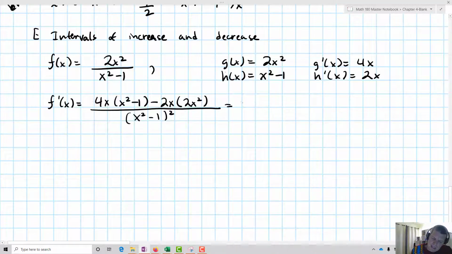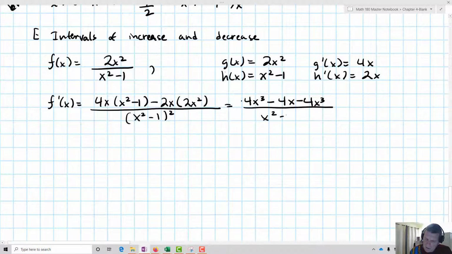This will then equal 4x cubed minus 4x minus 4x cubed, all divided by x squared minus 1 squared. This then is going to equal negative 4x over x squared minus 1 squared.